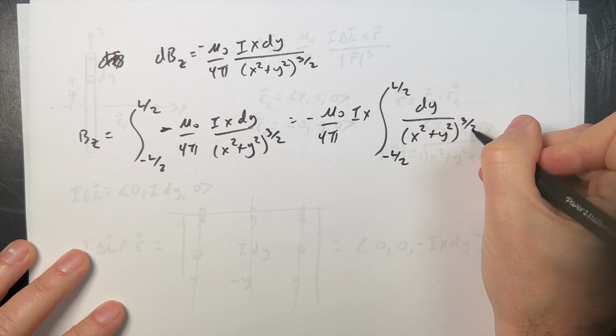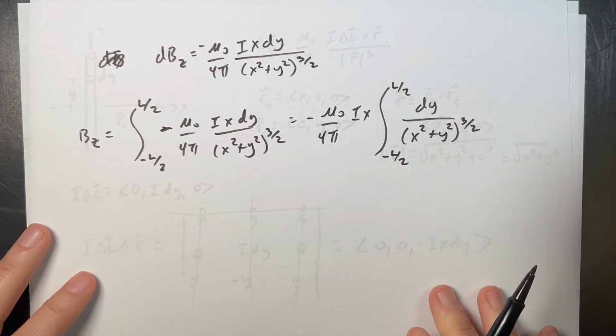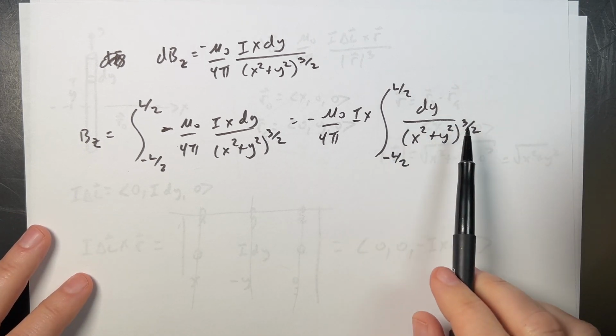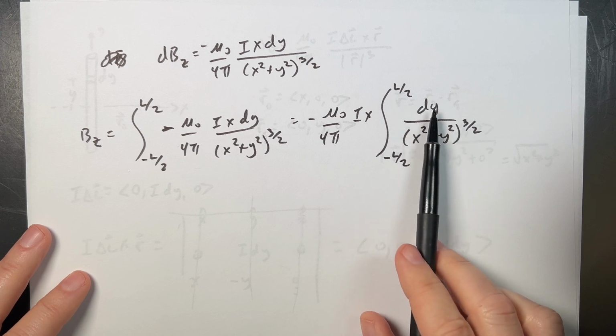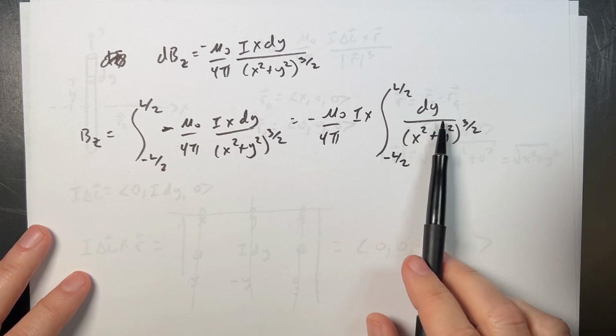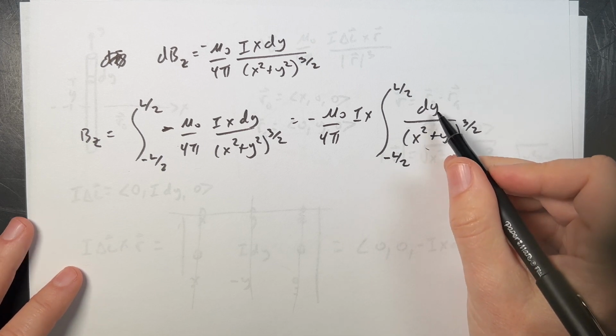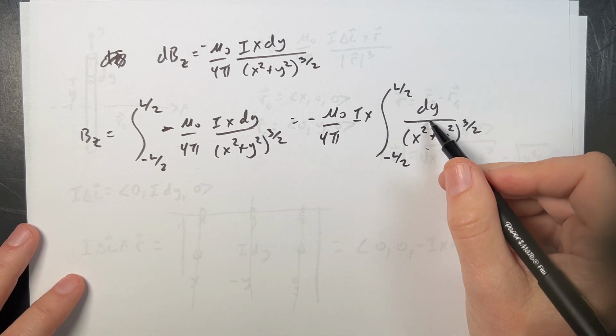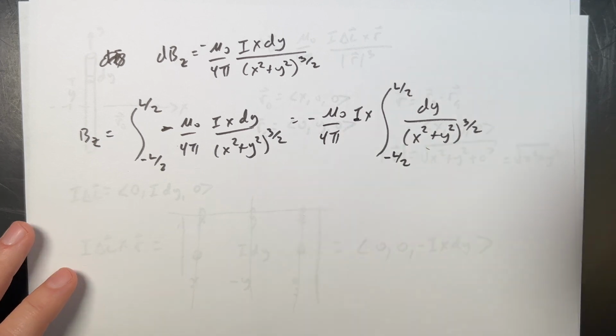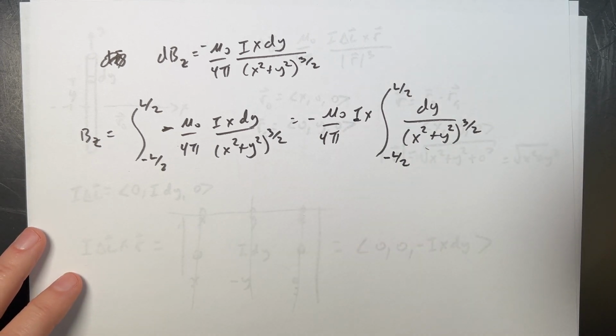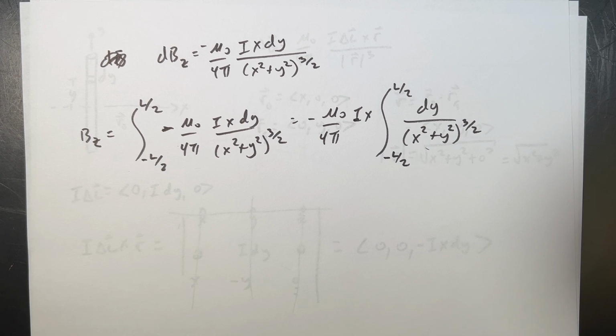Now, this is not a trivial integral because, if you want to do u substitution, I would need the derivative of this up here, and I don't, right? Because the derivative of y squared would be 2y dy. I don't have a y, so it's not a trivial integral. But we can still integrate. I'm going to use my math table book, which I got as an undergraduate.